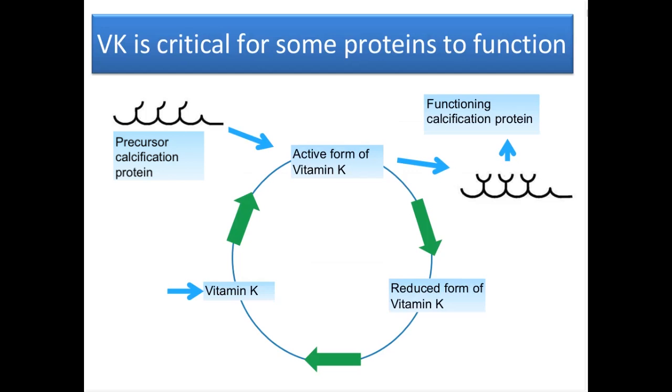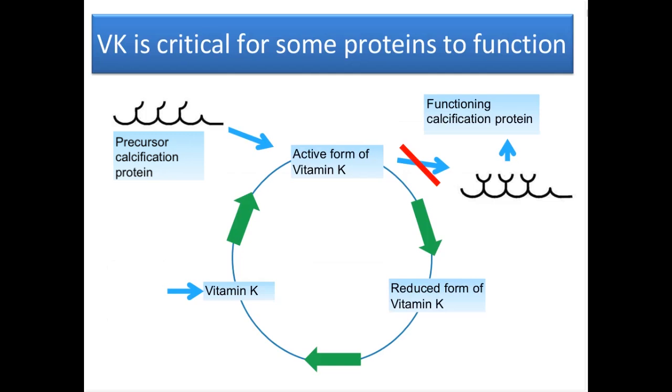Now, if you recall, we talked about vitamin K recycling and being required to convert the precursor protein to a functioning protein. What I want to emphasize here is that vitamin K comes in as the vegetable. It recycles, it converts the protein, and the one we're going to talk about is called matrix GLA protein, which requires the vitamin K to be converted into the functioning form.